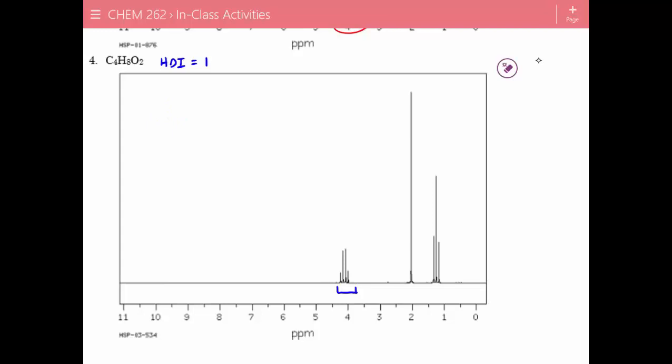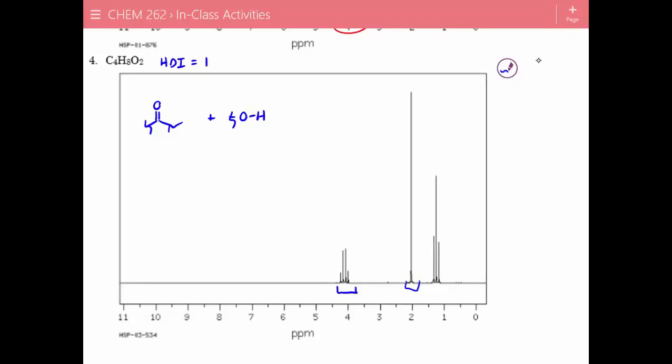Another option is that maybe we've got some sort of carbonyl group plus some sort of alcohol in there. In this case, that could be the case, although we don't really see a broad singlet, which is indicative of an alcohol. We do have a singlet over here. So let's try to work through this a little bit, but keep in mind that normally when we see alcohols, they tend to broaden out a little bit.